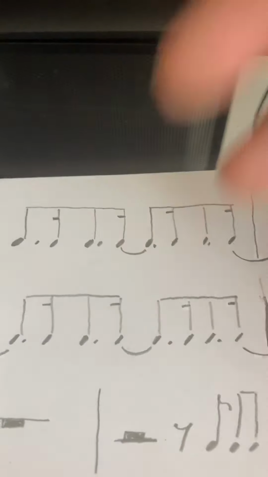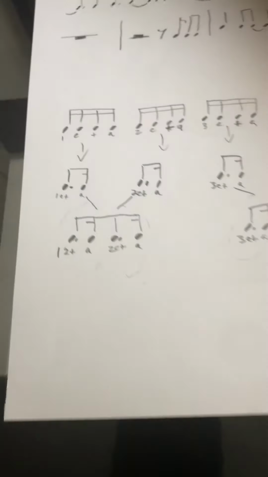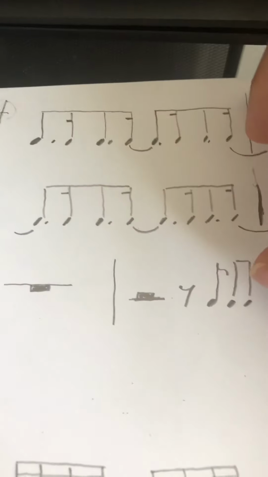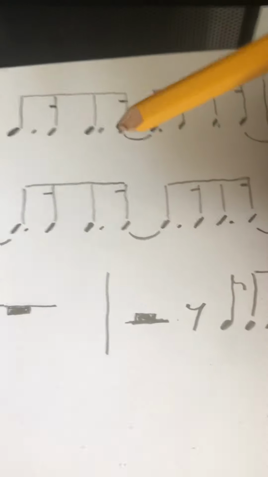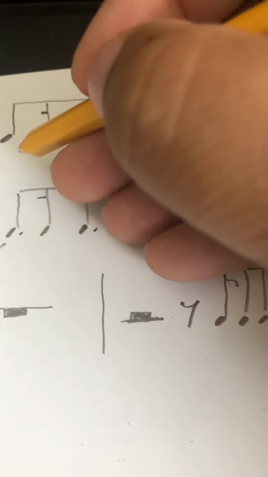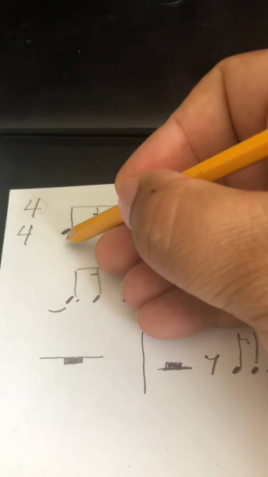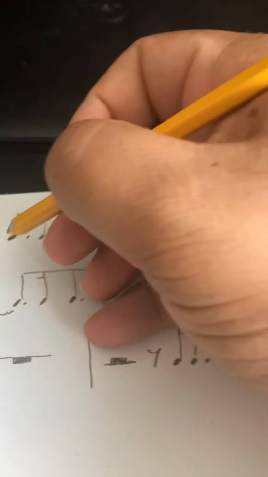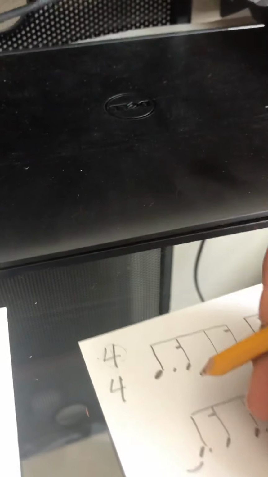Now that we have that, we've learned that, we can go up here and do our analysis. Okay, I'm trying to hold the camera and do this at the same time. Okay, so here we are.